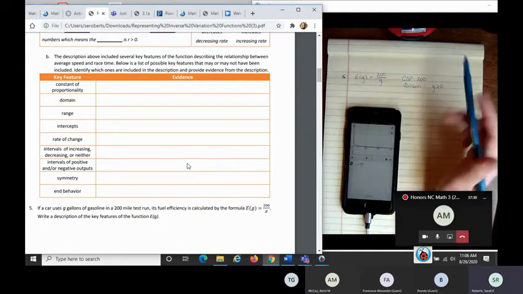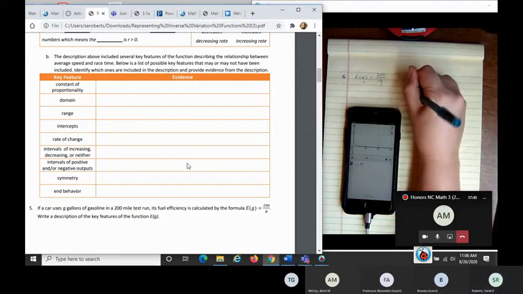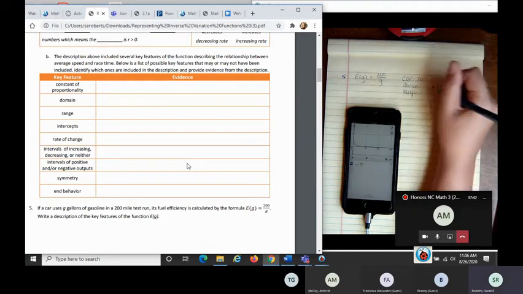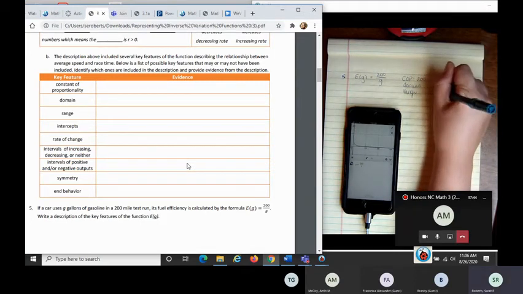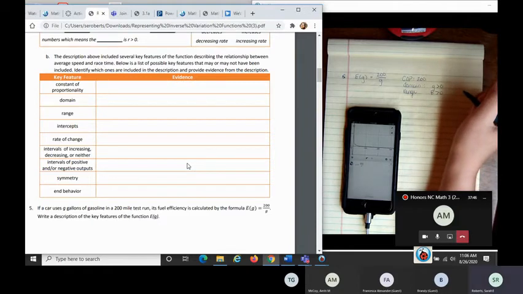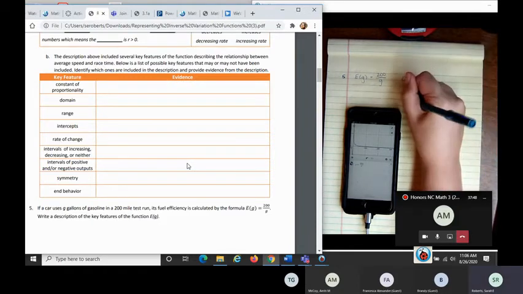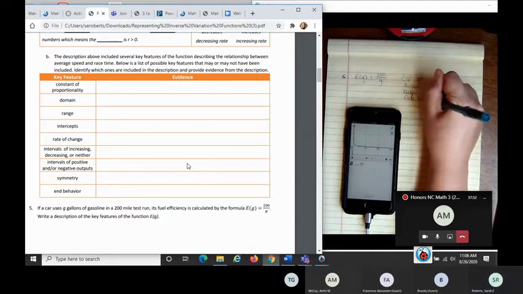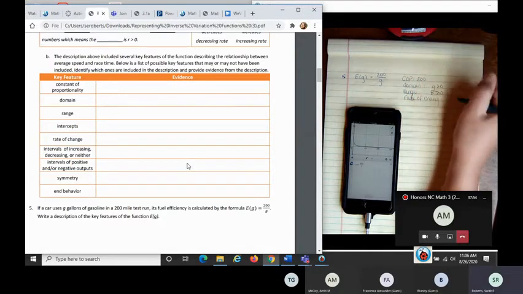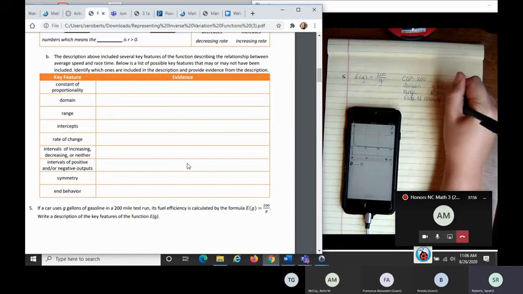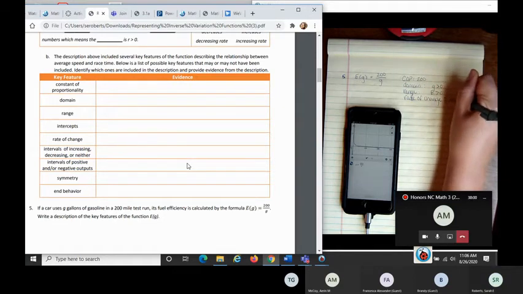So our range, E, is always greater than 0. The rate of change is the same as the one we talked about in that phrase. So it's decreasing at a decreasing rate.